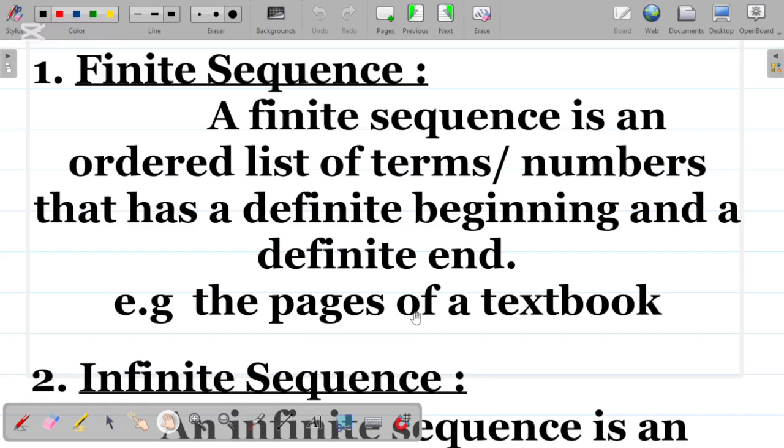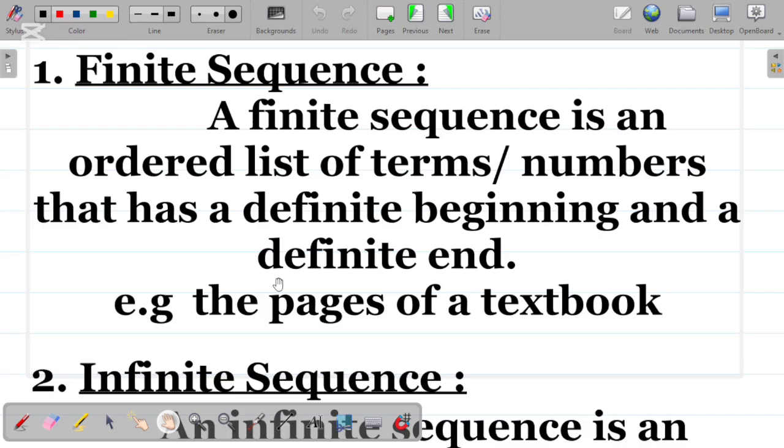All right, so let's take an example under finite sequence. We have the pages of a book, the pages of a textbook. If you have a textbook, kindly open it. You will see that the textbook has a beginning and it has an end. And the pages of that textbook are numbered. Some textbooks have 250 pages, some 500 pages, depending on the kind of textbook you have.